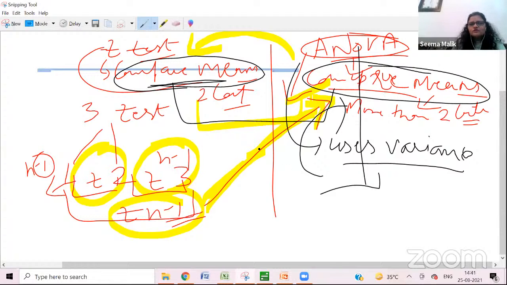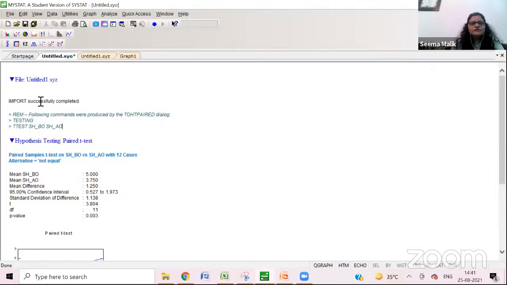So now we are going to perform the ANOVA. It means I will have three variables, three categories in my file now, because I am going to perform the ANOVA. So I am going again to MYSTAT software, and I am closing this file.